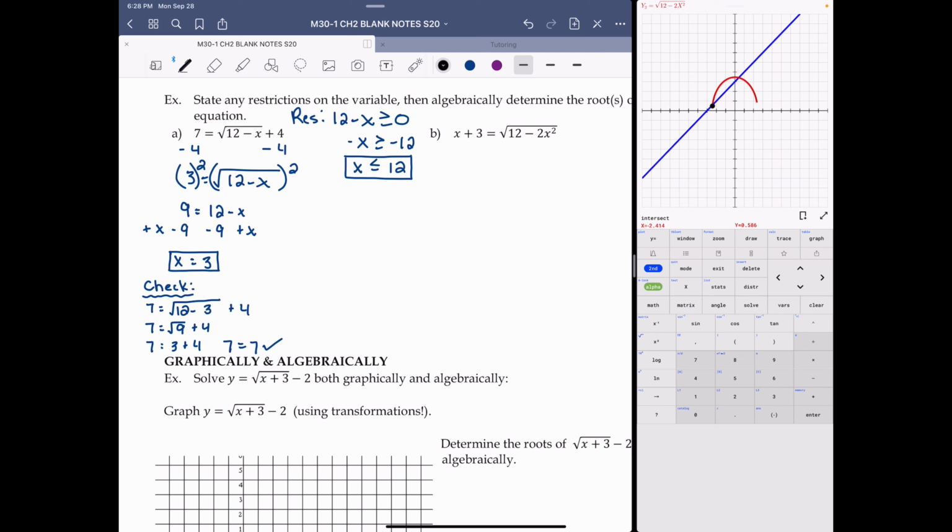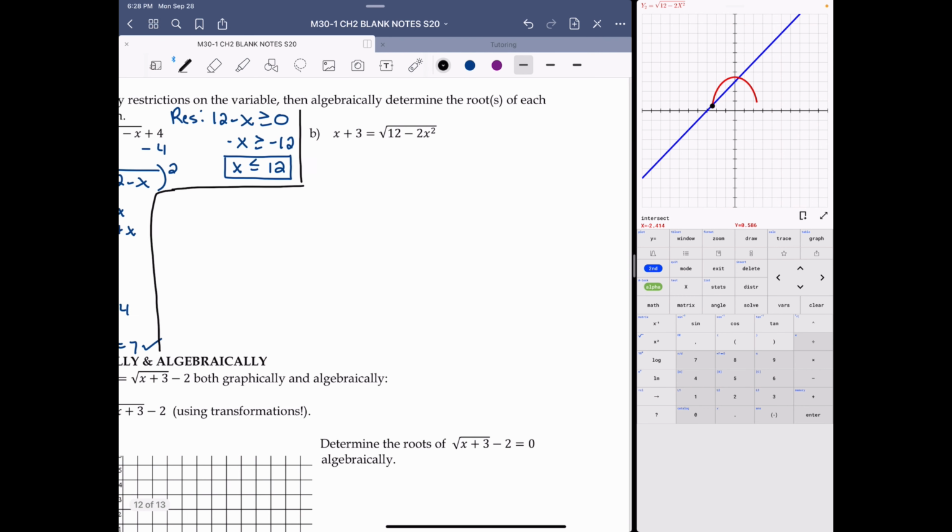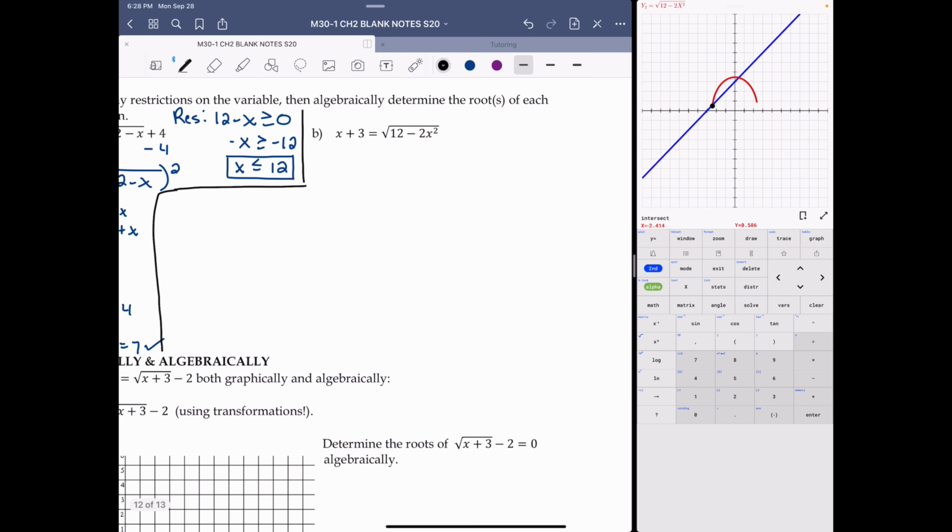Next one's going to take up a bit more space, so I'm just going to block off all of this here. Okay, so restrictions first. Take the thing that's under the square root, the radicand. 12 minus 2x squared, that has to be greater than or equal to 0.